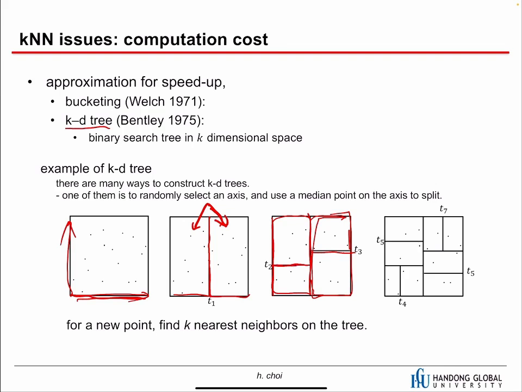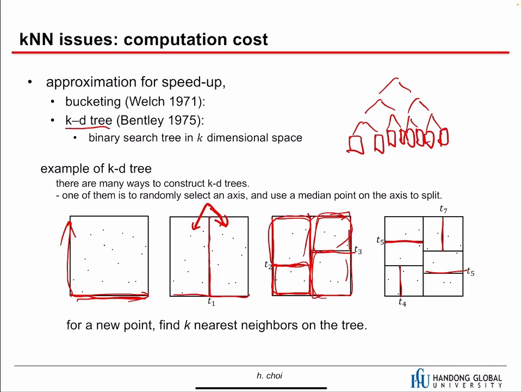In the left subtree, this one is left and this one is right. And in the left subtree we split one more time, in the right subtree we split, and here we split. So we split this space into small subspaces. Let's say we have a binary search tree like this. Then each node has some input subspace, and this one corresponds to something like this.